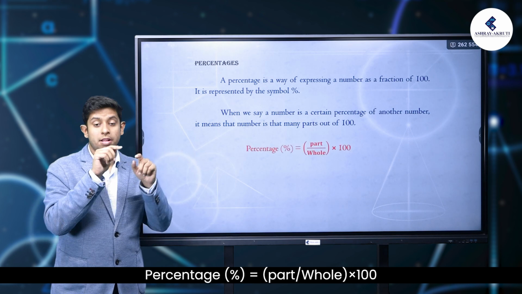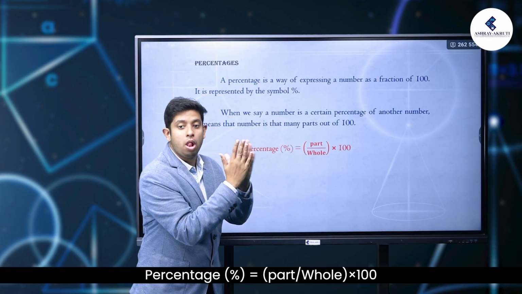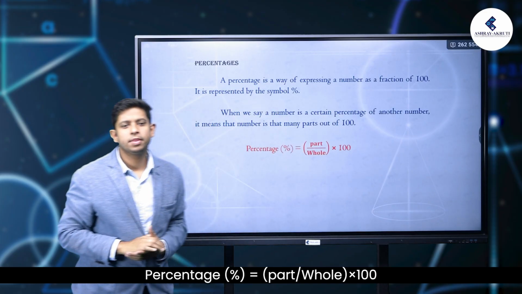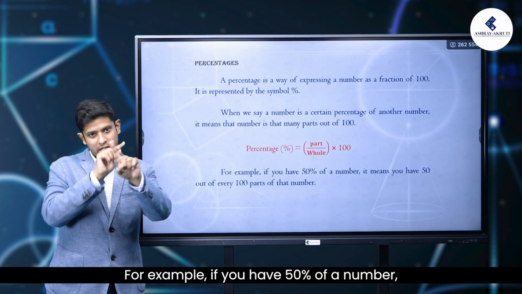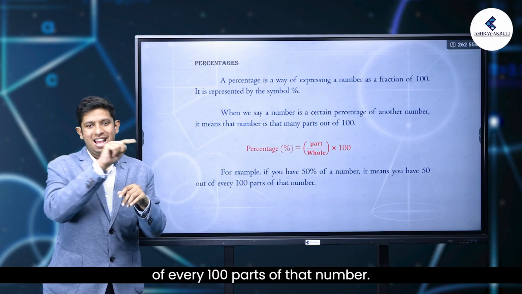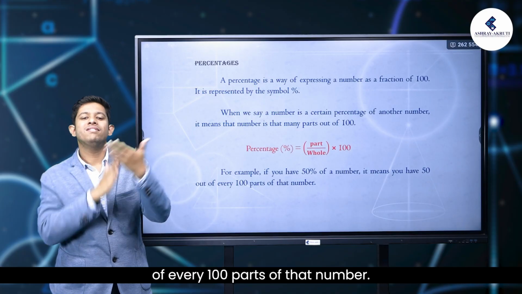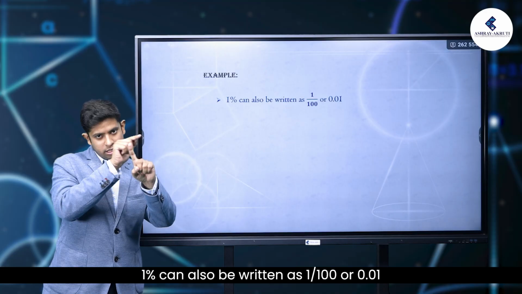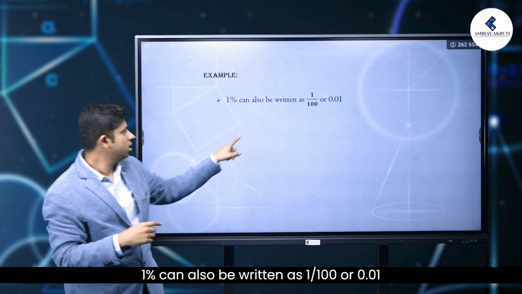Percentage is equal to part by whole into 100. For example, if you have 50% of a number, it means you have 50 out of every 100 parts of that number. Example: 1% can also be written as 1 by 100 or 0.01.